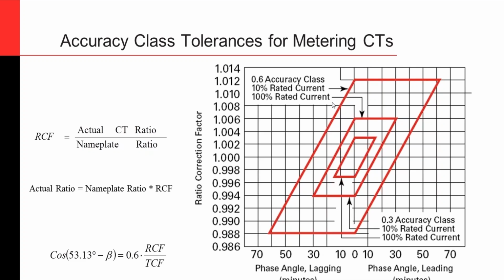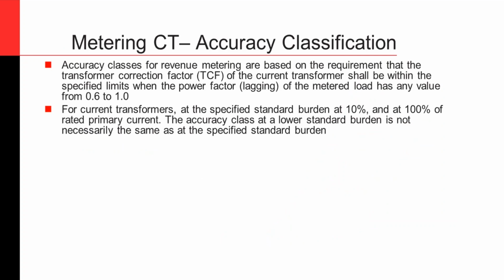This particular outer parallelogram is for 0.6 accuracy class, and I'm going to talk about what is the allowed accuracy when we talk about a 0.3 accuracy class or a 0.6 accuracy class for metering type CT.